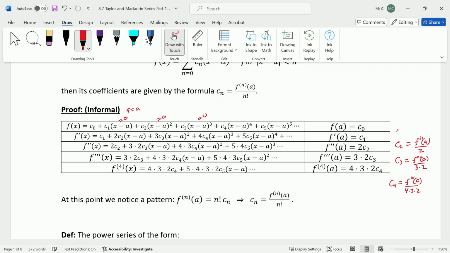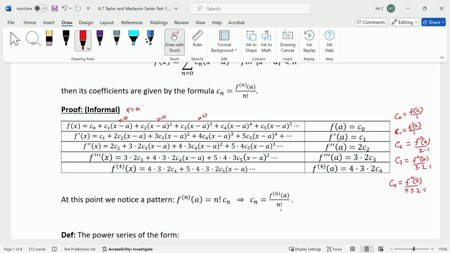If we think about it, we can really write c1 as f prime of a divided by 1, and c naught as f of a divided by 1 as well. But these things here, 4 times 3 times 2 times 1, and 3 times 2 times 1, and 2 times 1, all look like factorials. And in fact, they are. So we can write the coefficient c sub n as the nth derivative at a divided by n factorial. It works for the first two terms because 0 factorial is 1, and so is 1 factorial.